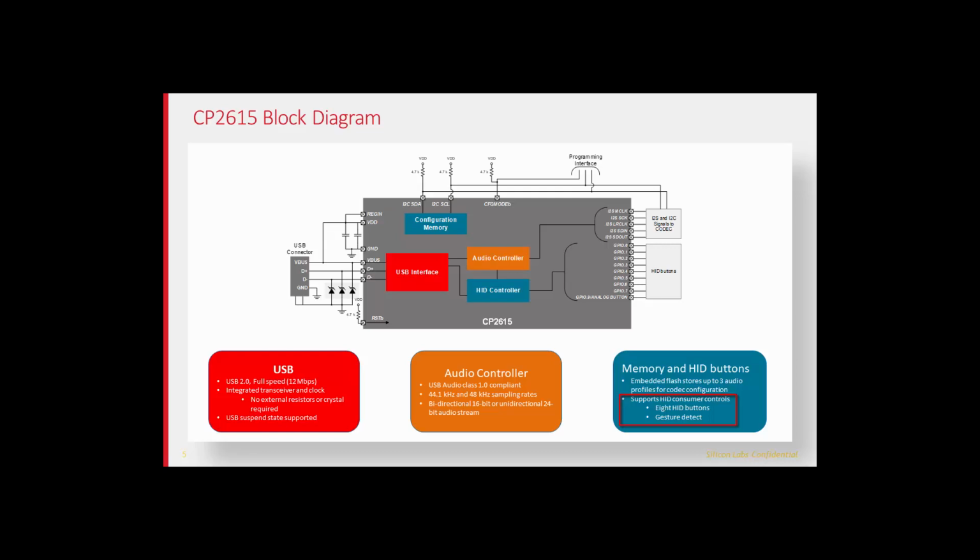And the 2615 can translate the state of the input pins on the device to those media control button events. So an end customer can add a mechanical button, route it to one of these inputs and configure the 2615 to monitor that input. And when a button press is detected, it can report a play pause button event to the host processor.